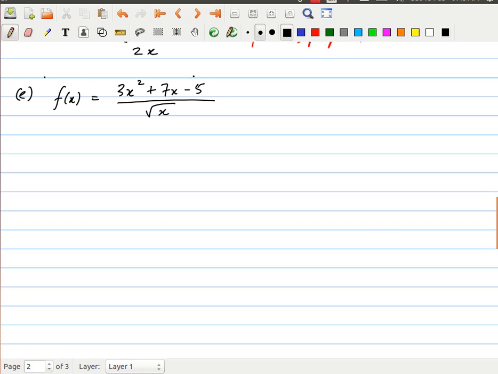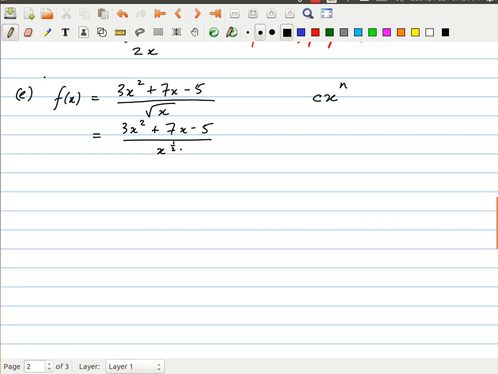Now we definitely haven't learned how to deal with this, so we need to get this into the form of x to the power n, or a constant times x to the power n. The way we do it is the way we started with the last example. I'm going to write 3x squared plus 7x minus 5, and the square root of x I'm going to write as x to the 1/2.